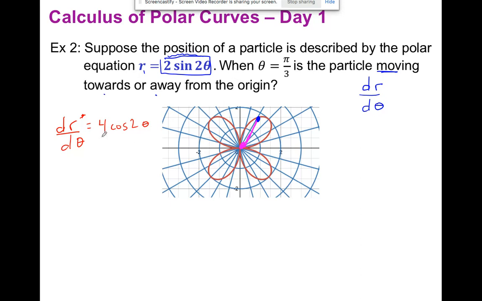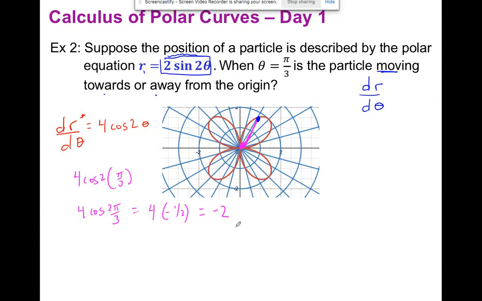So what is dr d theta at pi over 3? Thank you, speed trig, because I don't have a calculator with this. Cosine of pi over 3 is 1/2. 2 pi over 3 is in quadrant 2, so cosine is negative.